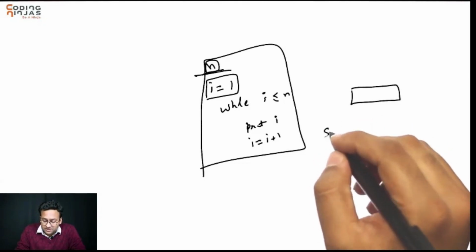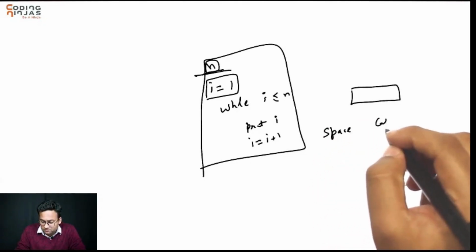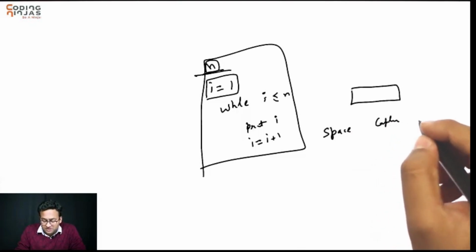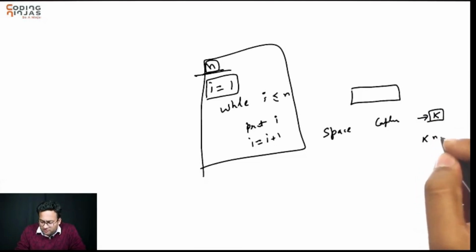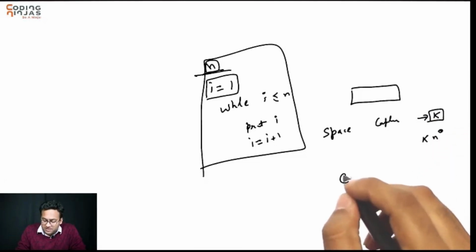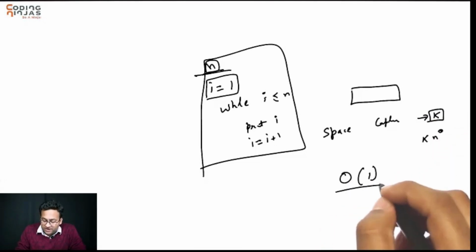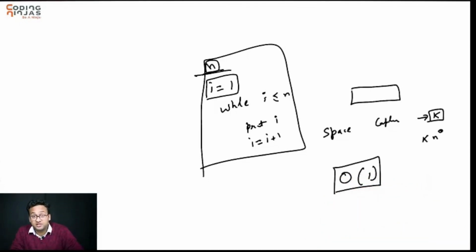So the space requirement is actually k, or you can write it k times n to the power 0, which basically we call big O of 1. It's a constant space requirement. We generally call it big O of 1, that it is independent of n, right? So that's how we'll find the space complexity in this case.